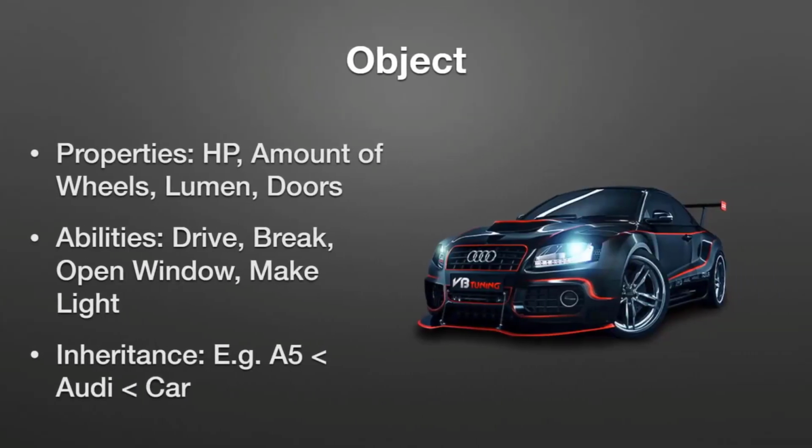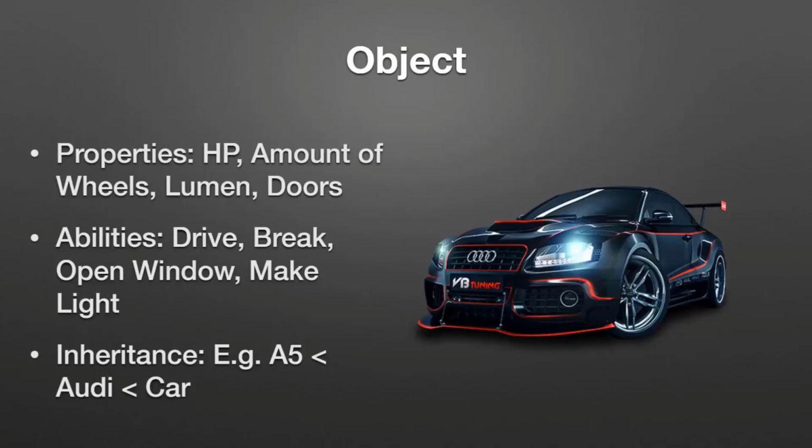All right, so next one is an object. What is an object? Well, you can create objects out of a class. So as I said, it's a blueprint for an object, a class. Now we see an object here, which is a car, and it's an Audi. And the properties of that car could be the horsepower, the amount of wheels, the lumen of the front light, then the doors, and many more properties.